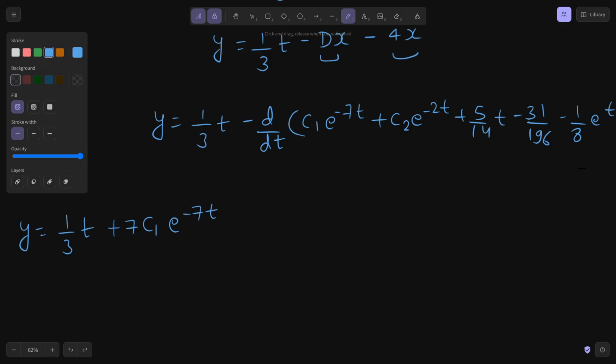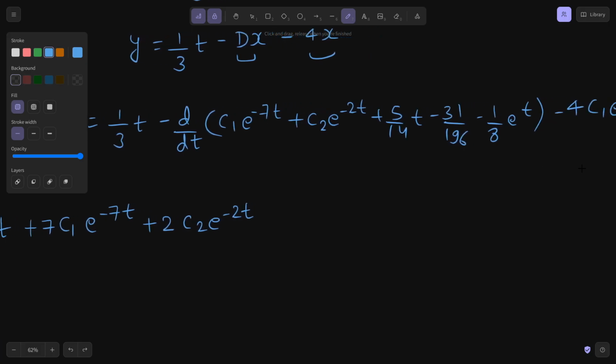I hope it's fine. In similar fashion, next one, 2 will come out because minus is already there, so minus 2 into minus 1, so this will be 2 c2 e power minus 2t, and then derivative of t is 1, so simply you will get minus 5 by 14.